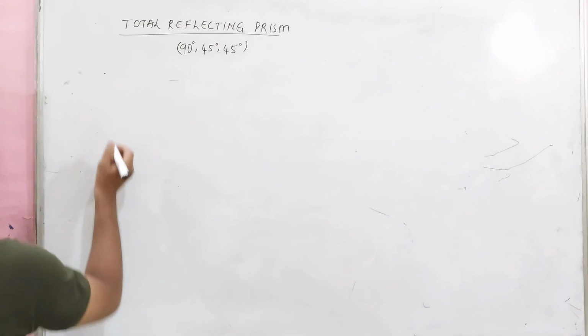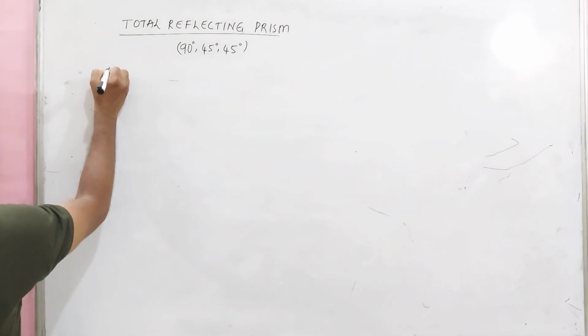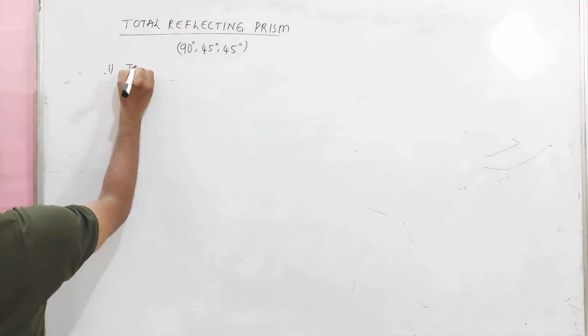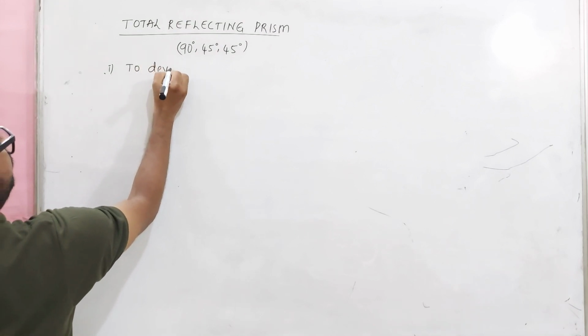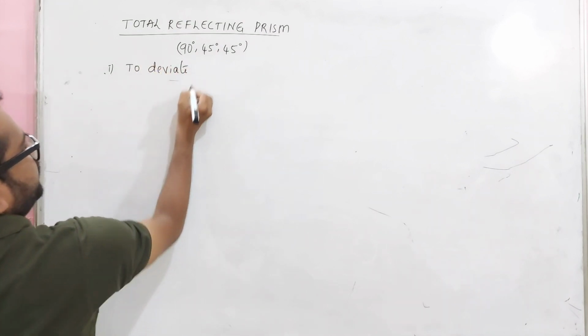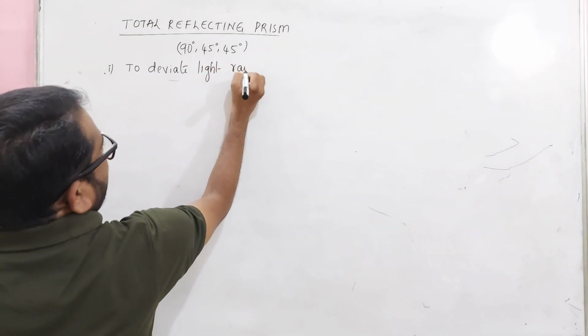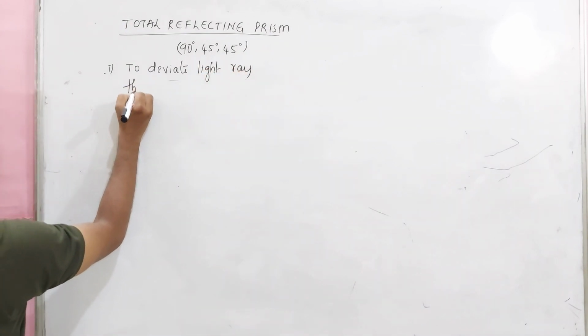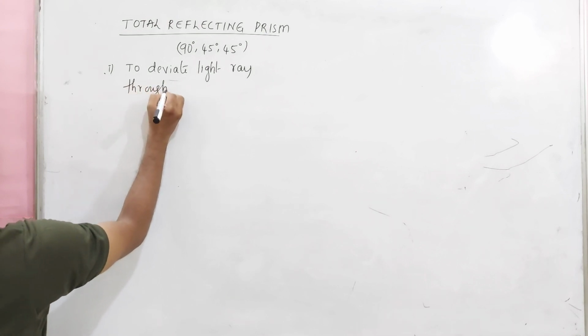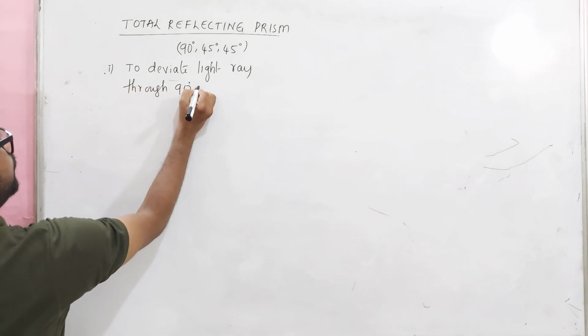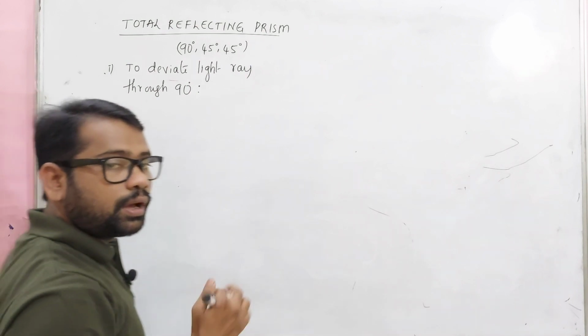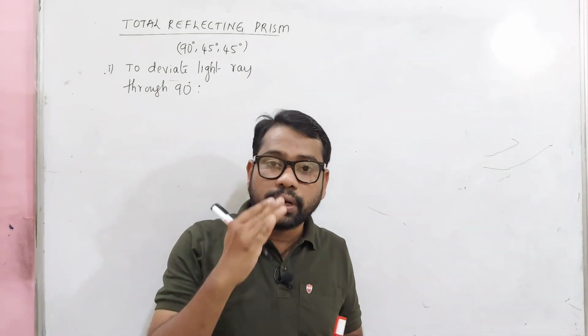Children, first of all, the total reflecting prisms are used to deviate the light ray through 90 degrees.